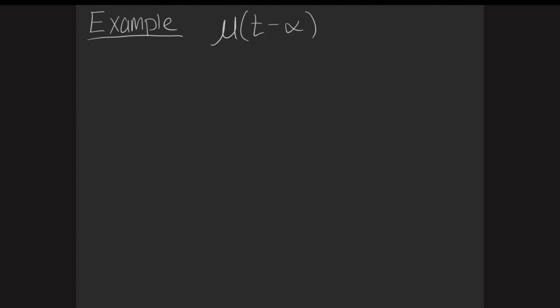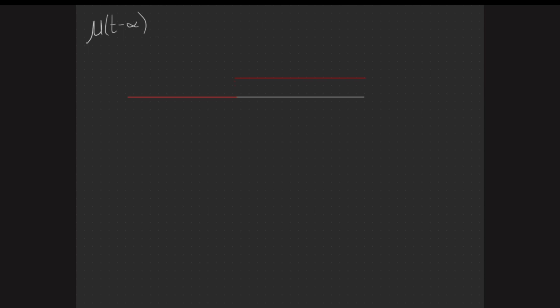Next, we have the Heaviside step function. So what this function looks like, it's just constantly 0 until we get to t equals alpha, where it then just immediately jumps up to a value of 1. This could be modified, so let's say we had 3 times mu of t minus alpha.